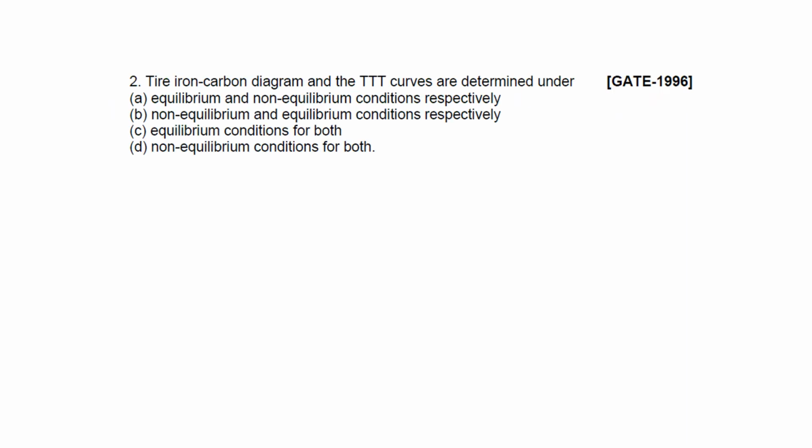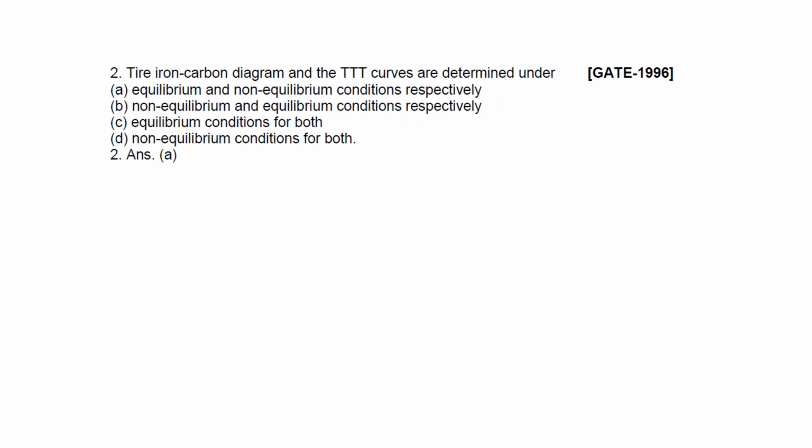Next question: the iron carbon diagram and the TTT curve are determined under equilibrium and non-equilibrium condition respectively, non-equilibrium and equilibrium condition respectively, equilibrium condition for both, non-equilibrium condition for both. This is actually A, equilibrium and non-equilibrium condition respectively.